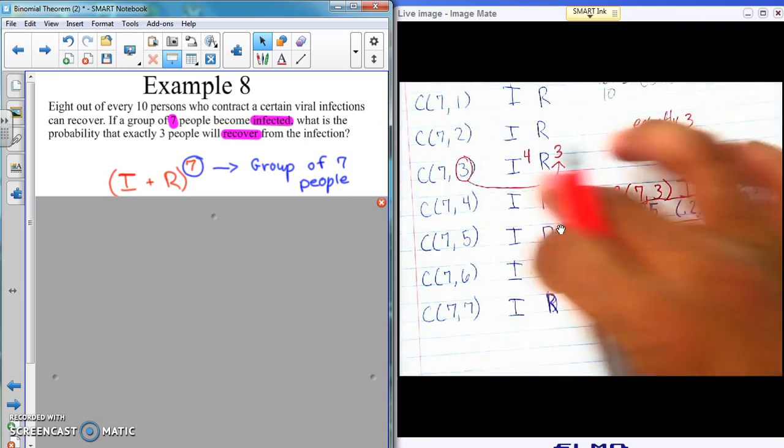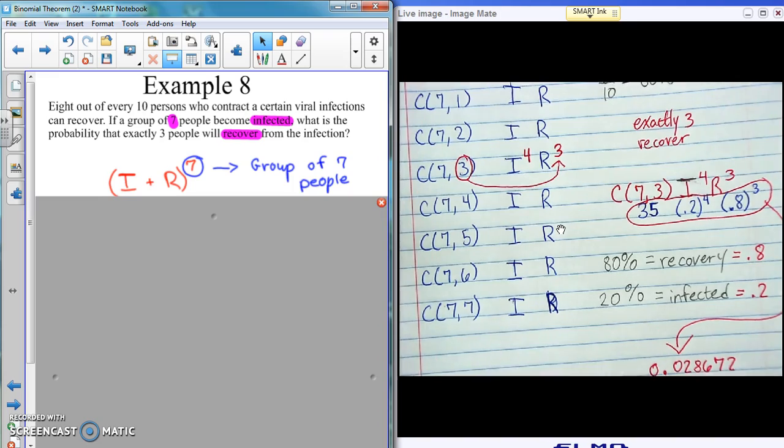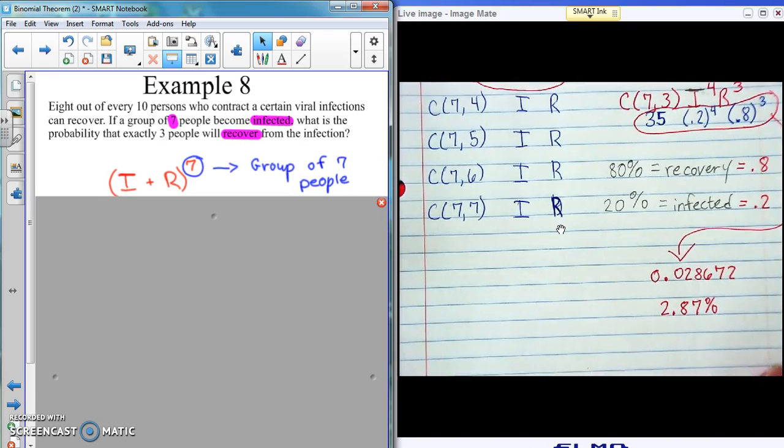All right, and so the last thing, because we're looking for exactly 3, and that was the only place that was exactly 3, not 3 or more, 3 or less, but exactly 3. So let's write this sentence.